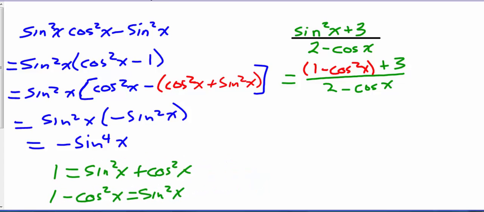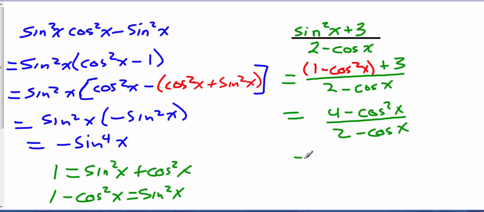Now, finishing up. So what happens here? I can do a little bit of math. Obviously, I have 1 plus 3 is 4. 4 minus cos squared is now my numerator, over 2 minus cos. And hopefully when I look at this, I recognize it as a difference of squares. In the same way that 4 minus y squared, I could do a difference of squares.